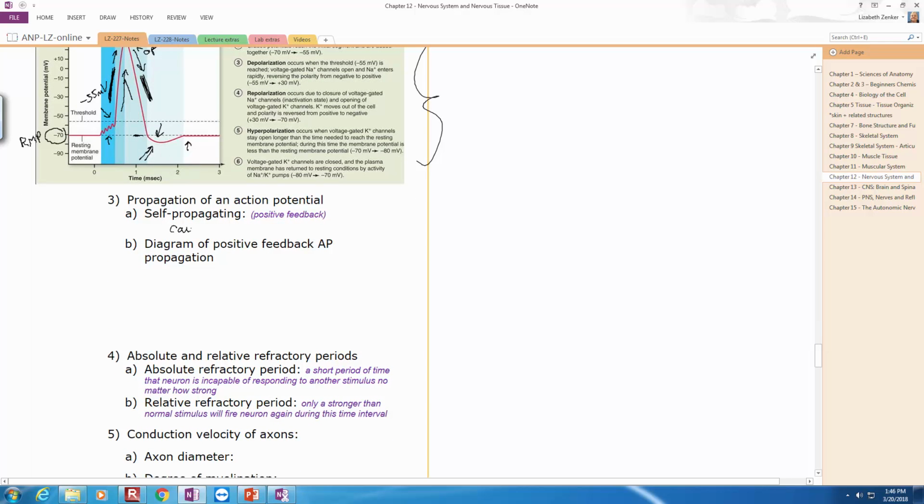So this causes nearby sodium gates, which are on the axon side, axonal, to open. All right, and this is like dominoes falling, right? It was all or nothing.